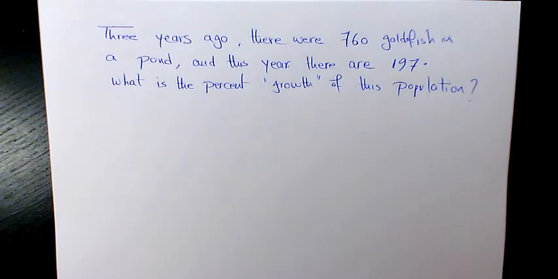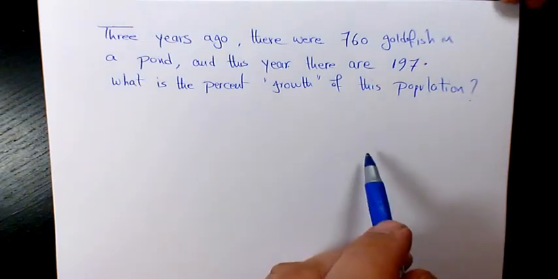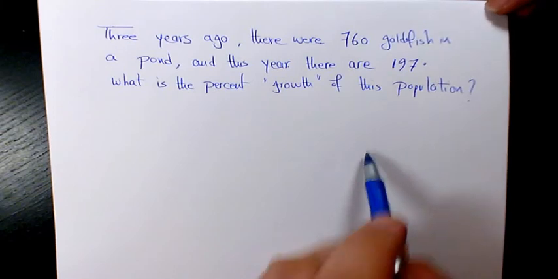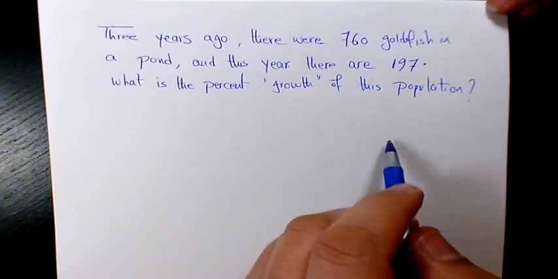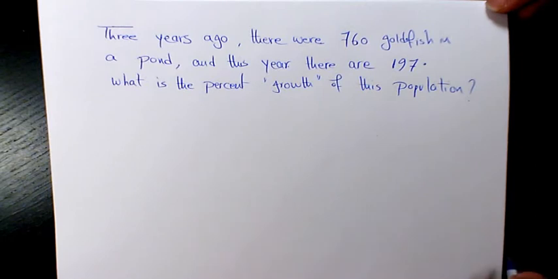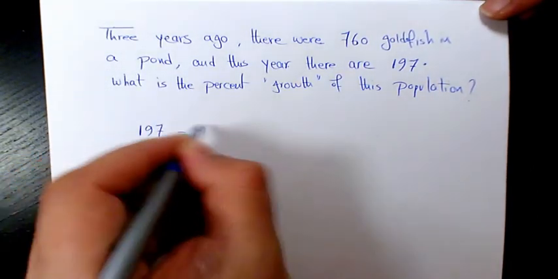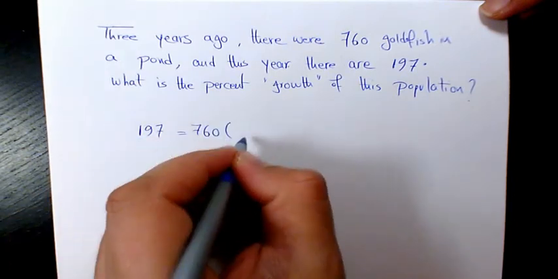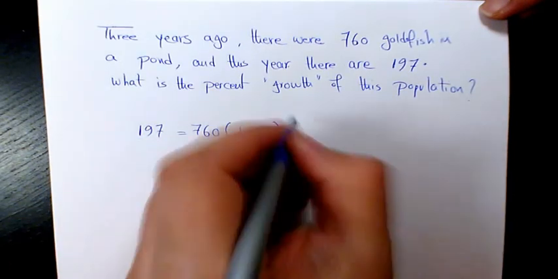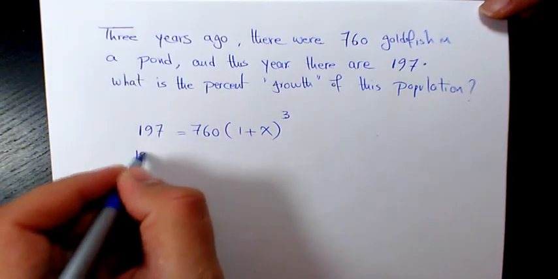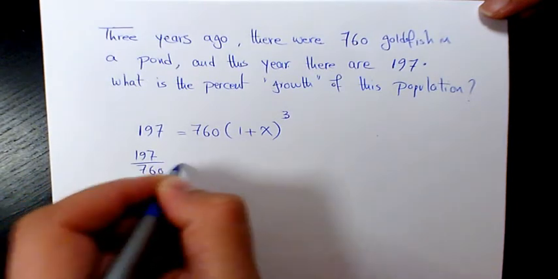The last example of this kind, it says 3 years ago there were 760 goldfish in a pond, and this year there are 197. What is the percent growth of this population? So it is now 197. It was 760 before, so 1 plus x to the power of 3. So we divide both sides by 760.